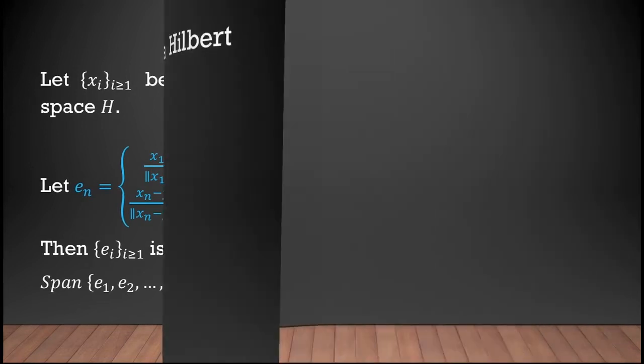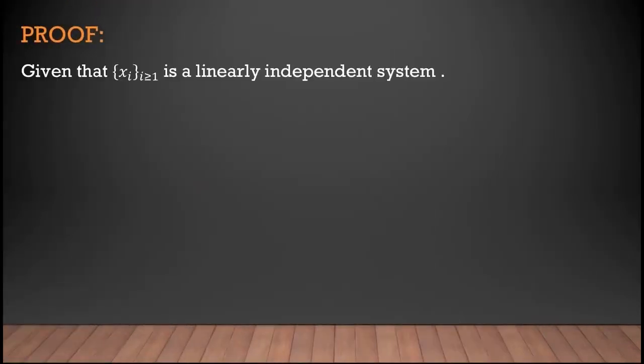So, first I will take a single vector x1 and we will prove the theorem. We are given that xi, where i greater than or equal to 1, is a linearly independent system, and we know that in a linearly independent system there is no role for a zero vector. There will not be a zero vector in any linearly independent system.